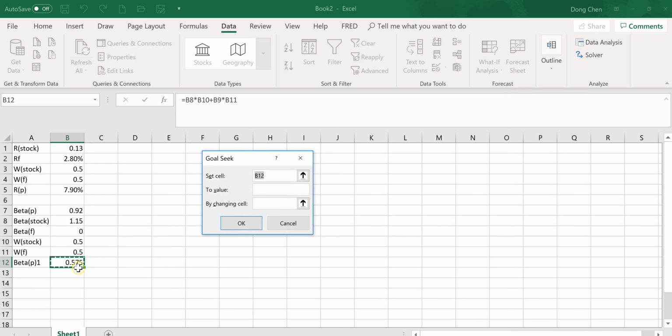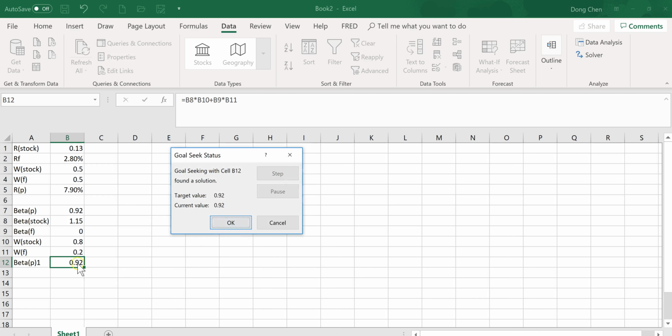So I set cell, yes, exactly, this is my goal. I want to set this cell to be the value of the known portfolio beta, which is 0.92, by changing this cell, the weight on the stock, and click OK.